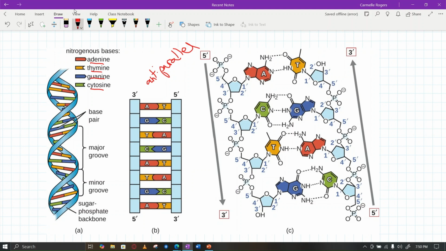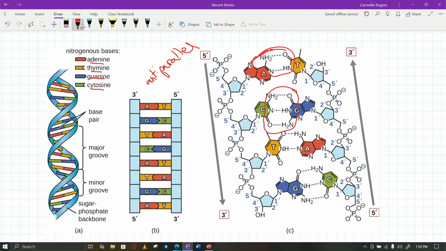So adenine going to thymine makes 2 hydrogen bonds. Then we have C with G, and we get 3 hydrogen bonds in that base pair. So the hydrogen bonds are important because they help to stabilize the interaction of the base pairs.